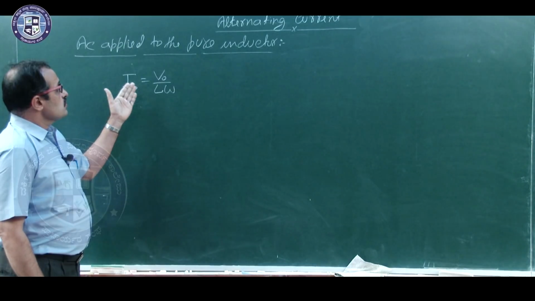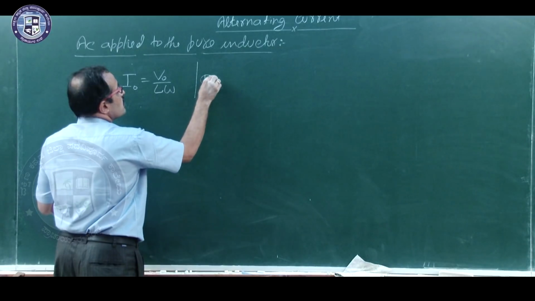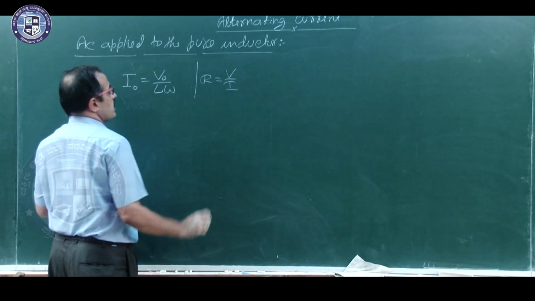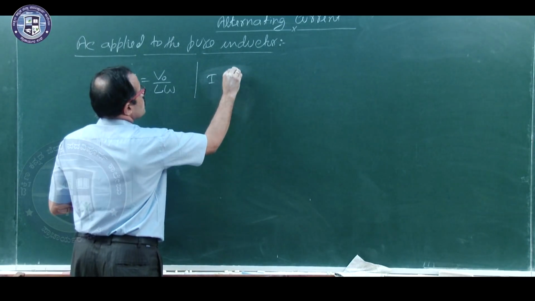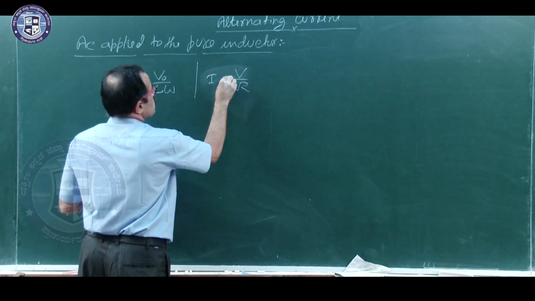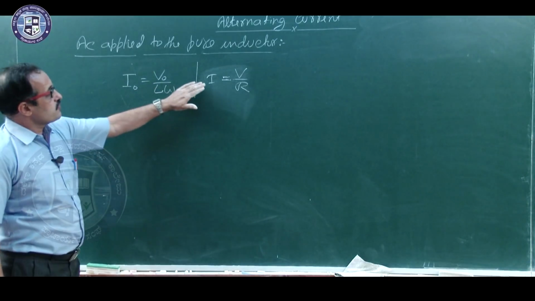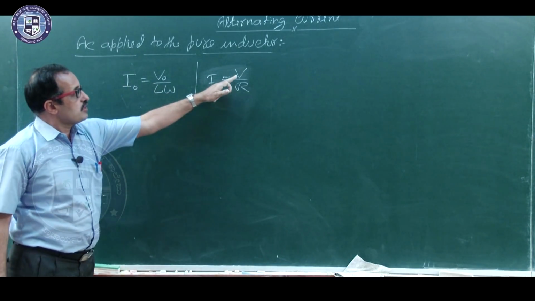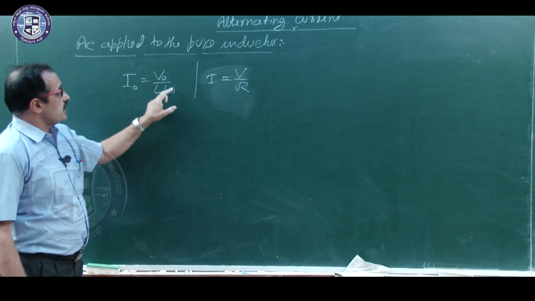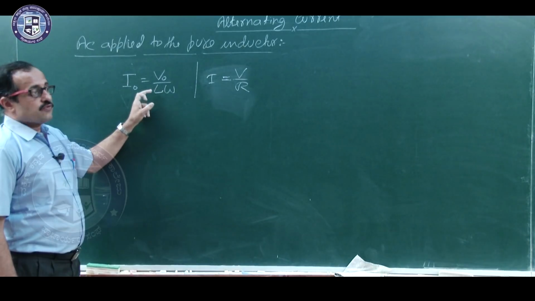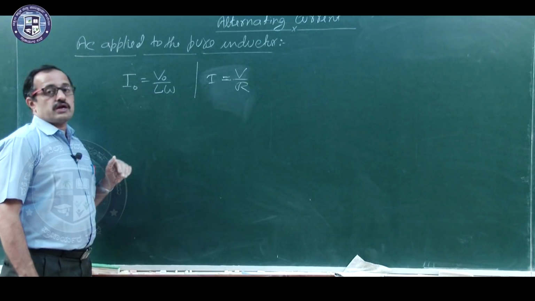Now, you compare this formula with Ohm's law, R equal to V by I, I is equal to V by R. Just for comparison, look here, this is current, this is also current, it is voltage, this is also voltage. Here it is resistance of the conductor, denominator, and here you have got L omega. Therefore, L omega can be taken as resistance of the inductor.